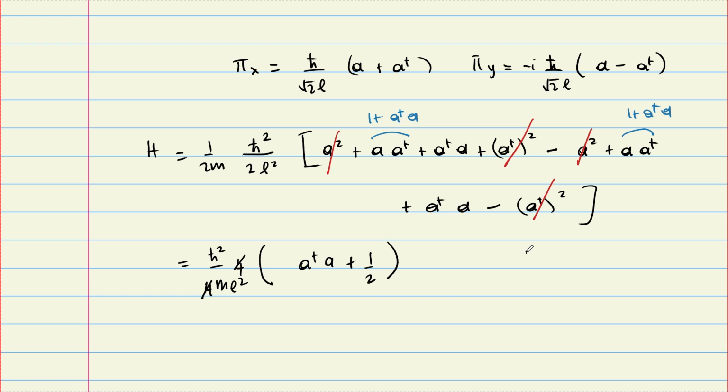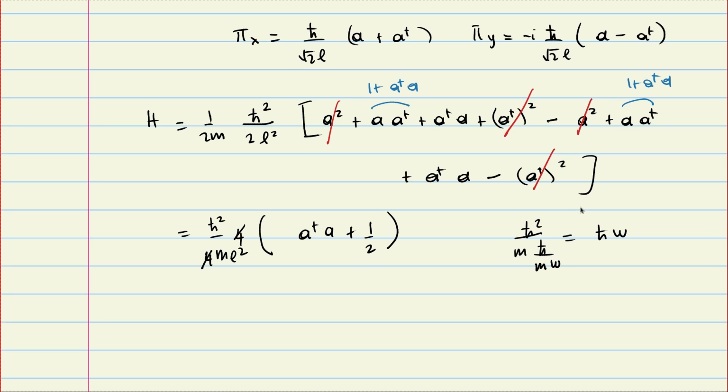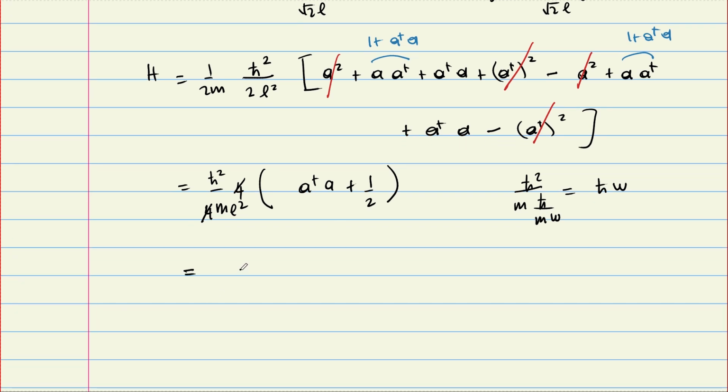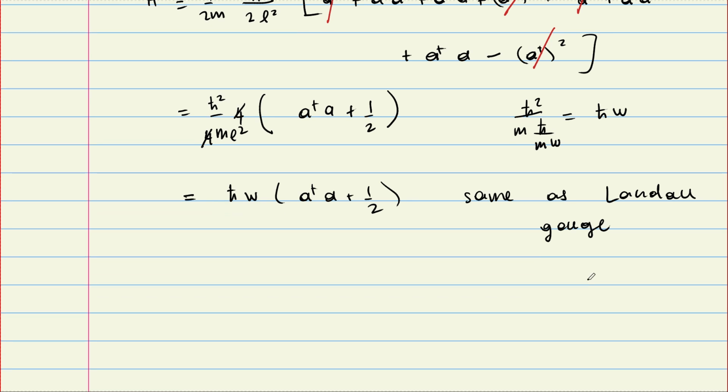And if you look at this factor, ħ² over mL² is ħ over m times ω. This is going to give you ħω. Then in this case we have ħω (a†a plus 1/2), same as in the Landau gauge, right? So this is for the usual quadratic Hamiltonian.